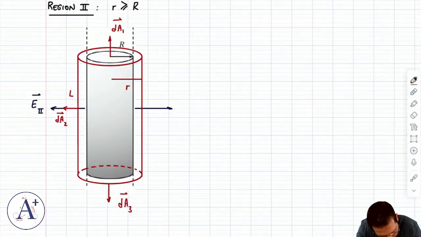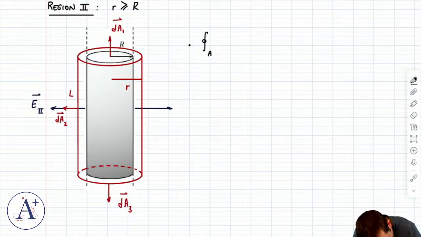Once again, the flux has no reason to change. It's the same symmetry. You're still computing flux through a cylinder of radius r and length L, so you're just going to get E2 times 2 pi rL.